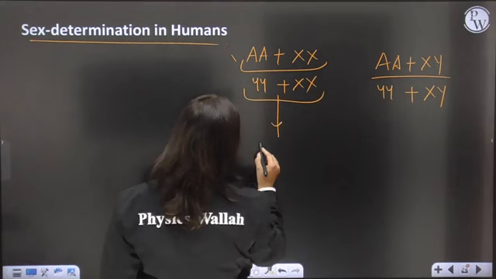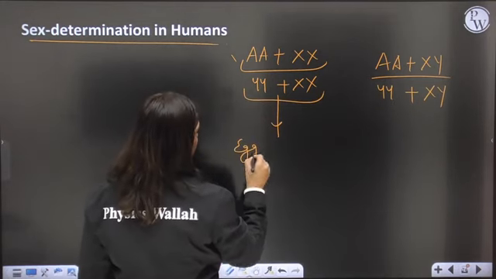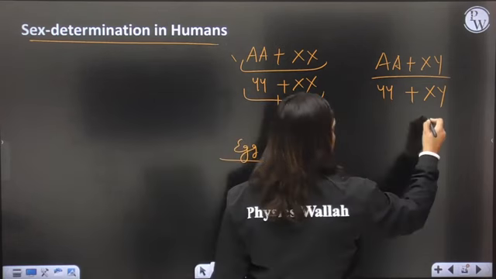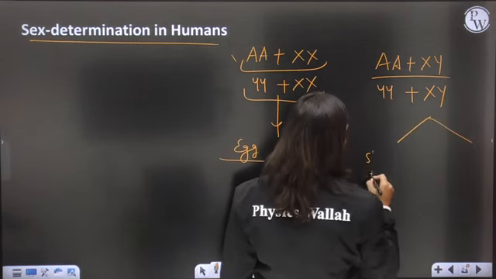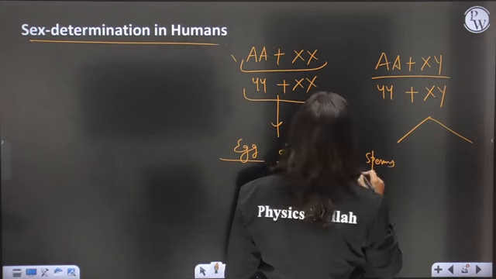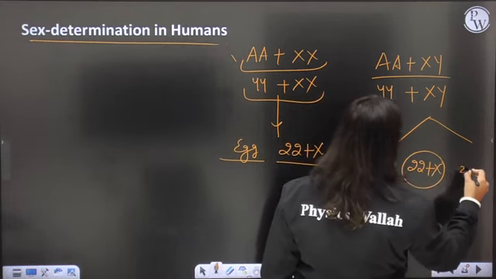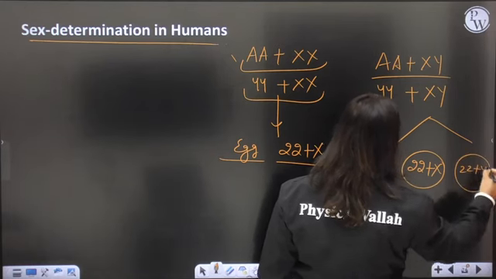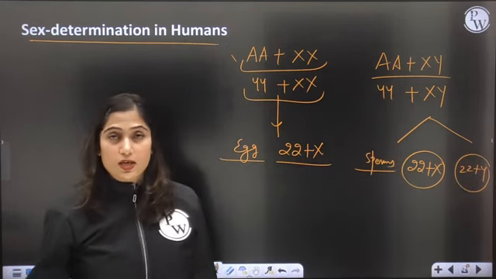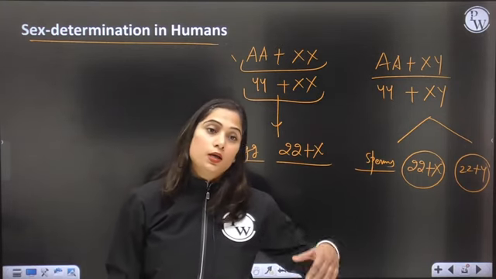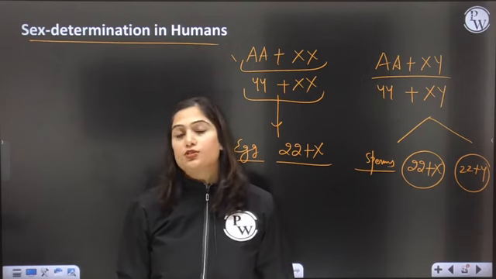From here, we can get only one type of egg, that is 22 plus X. But from here, we can have two types of sperms, that is 22 plus X and 22 plus Y. So in every pregnancy, there will always be a 50% chance of a girl and a 50% chance of a boy.